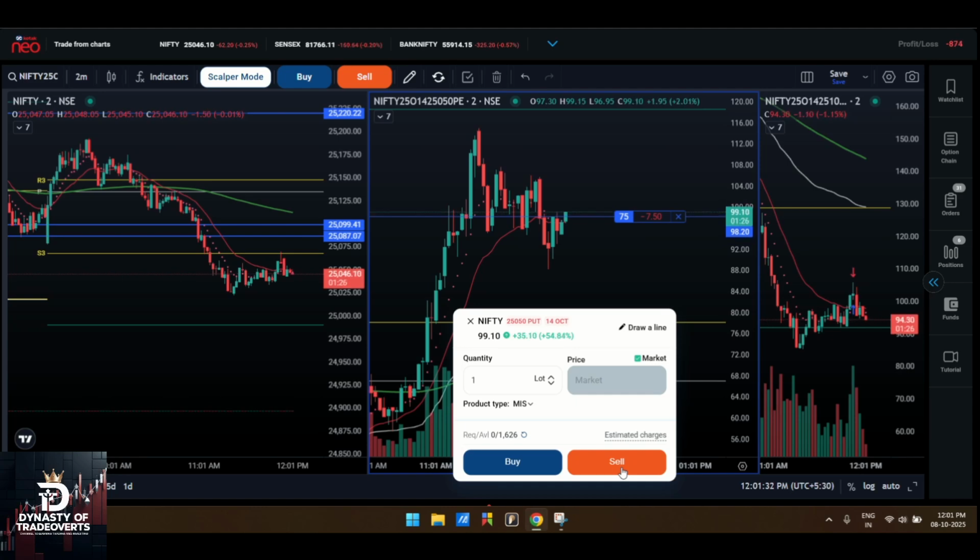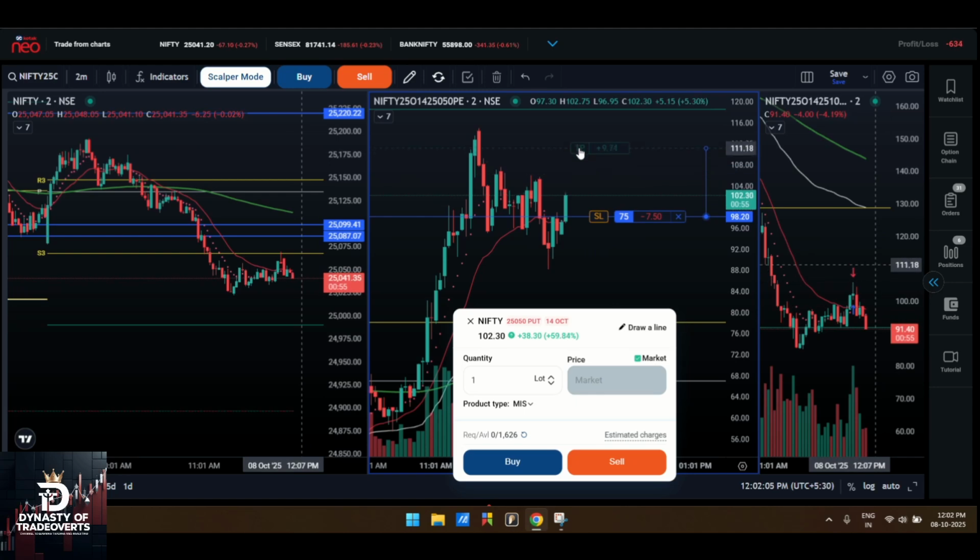Second step, you have to tackle them one by one. Currently I'm working on multiple issues, like taking more entries, exiting my winners early, not respecting my stop loss, everything. But I'm trying to rectify the issues one by one. And currently I have identified another issue, which is taking trades from mobile. Those are impulsive trades from mobile just for the sake of taking a trade. I should not be doing that.